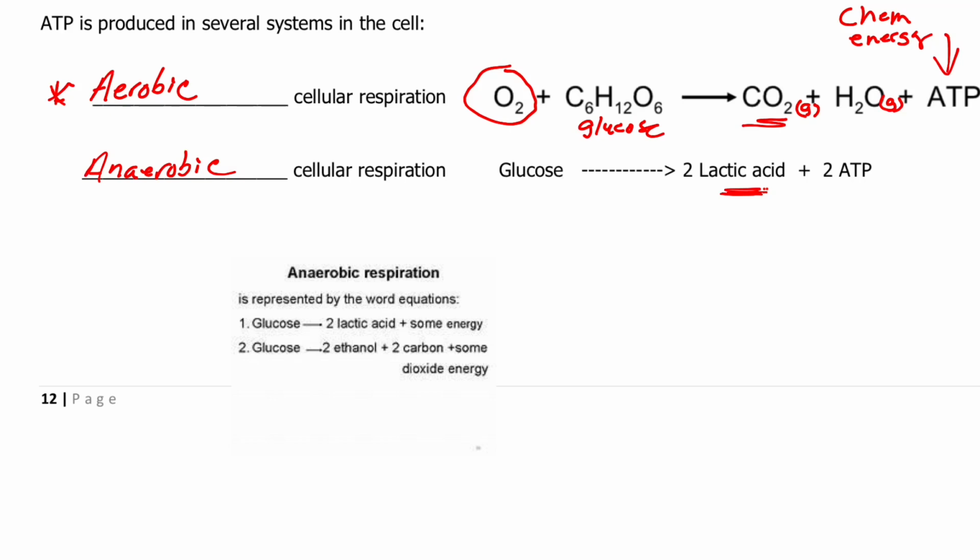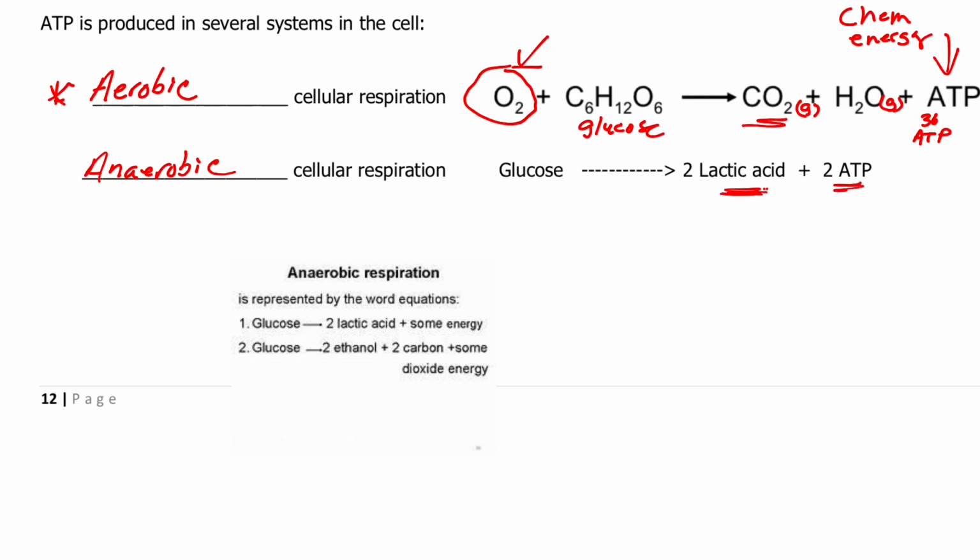But if we do continue to sprint, we make lactic acid because we've got no more oxygen. It's just another pathway for our cells to survive. Aerobic respiration produces 36 ATP per glucose molecule. Anaerobic respiration only produces 2 ATP per glucose molecule.